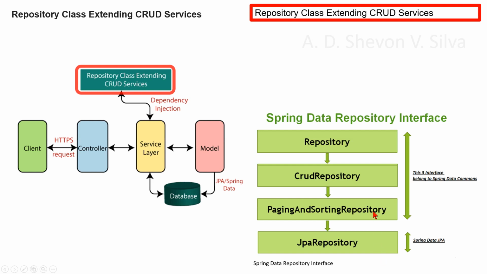Here in this image, repository, CRUD repository, and pagination and sorting repository belong to Spring Data Commons, whereas JPA repository belongs to Spring Data JPA.